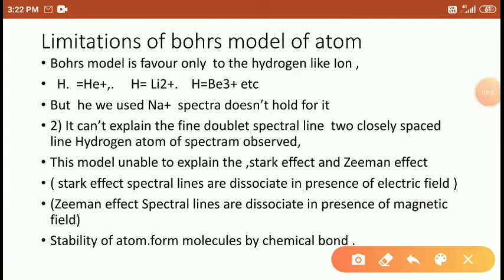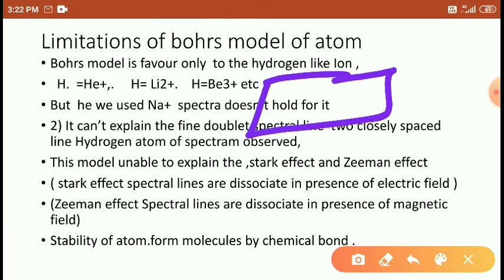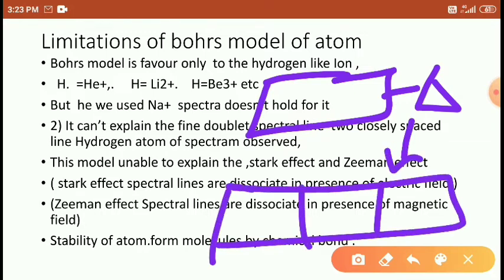But when he passed the sodium vapor lamp light through the prism, he got only 2 spectral lines.